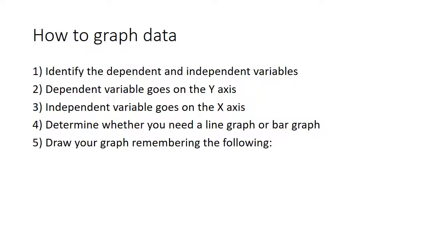What am I looking at? So for the last experiment, our dependent variable would be the growth of the tomato plant. That would be my y-axis title. For the x-axis, the title would be differing amounts of nitrogen.